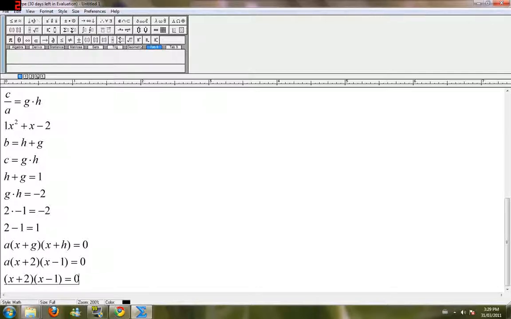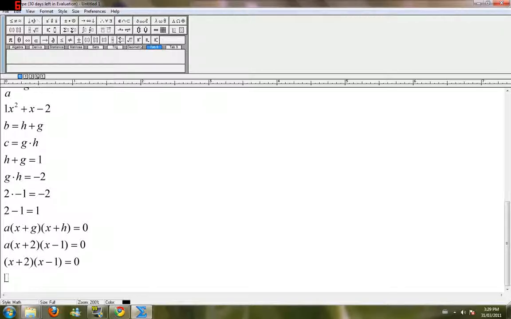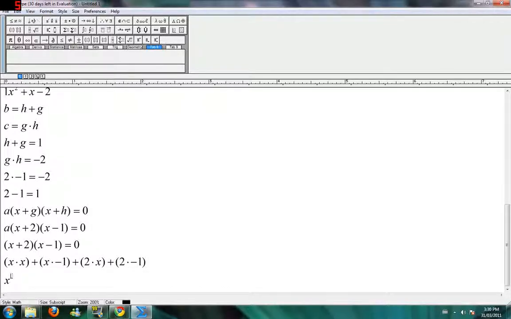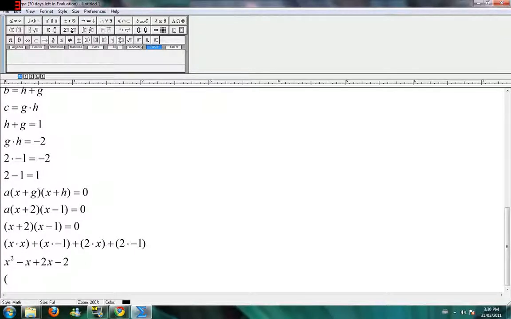You can always check your answer by expanding this, as we did in the theory version. So let me just do this fully out for you: x times x plus x times negative 1 plus 2 times x plus 2 times negative 1. When we expand that further, we have x squared minus x plus 2x minus 2.